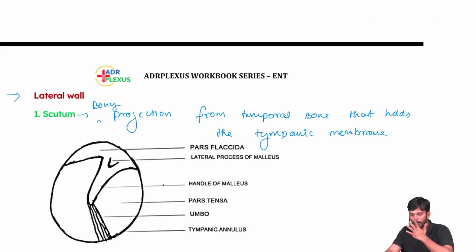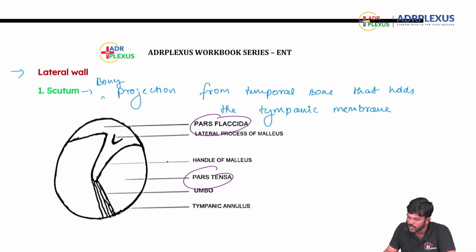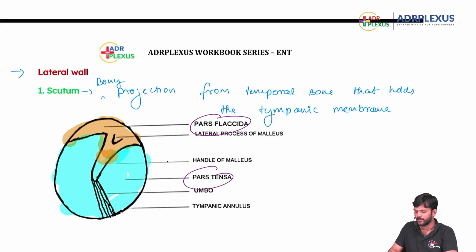The tympanic membrane is divided into two parts: pars tensa and pars flaccida. So this is the pars tensa. This one is the pars flaccida. Okay, fine. Now what are the other parts?